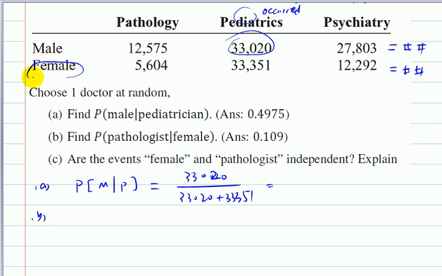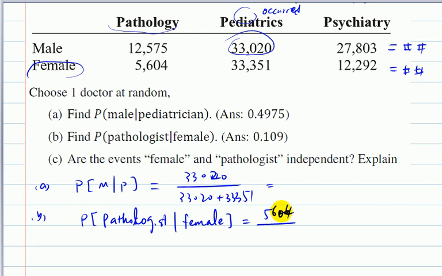Under the female here, what's the probability of being a pathologist? So apparently what it's going to be is P(pathologist given female), equal to what? 56,004 divided by the total number over here. Okay, yeah. So that'll be this one here.